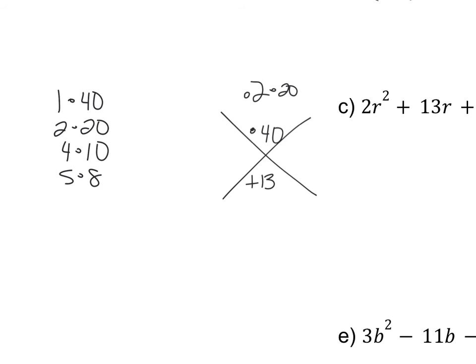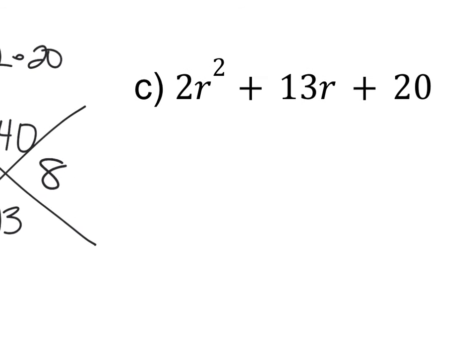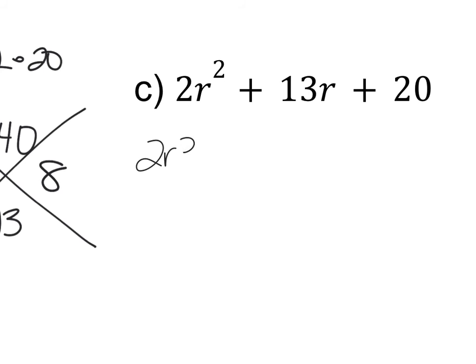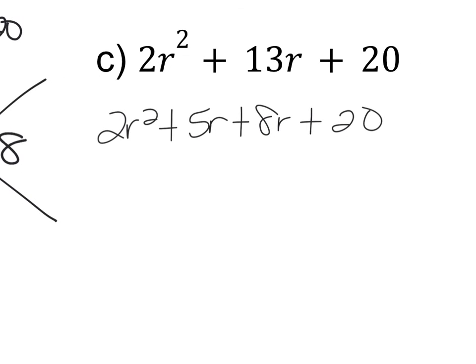So here it is. We got this one right here. That's going to do the trick because we know this is going to be 2 positives. So this will be 5 and 8. All right, let's split it up. We have 2r squared plus 5r plus 8r plus 20. Those first two, let's take out an r.